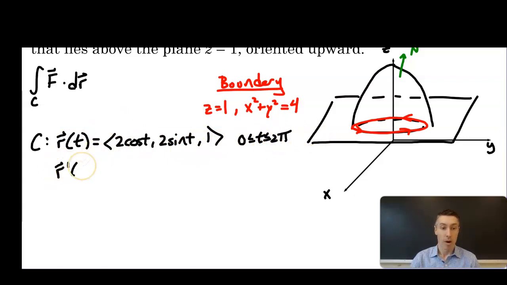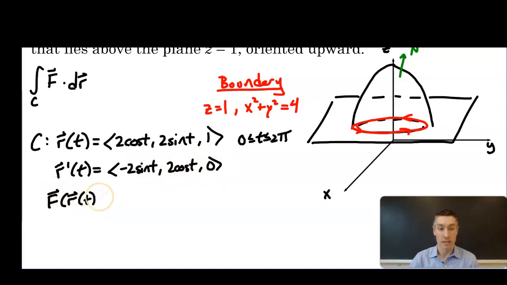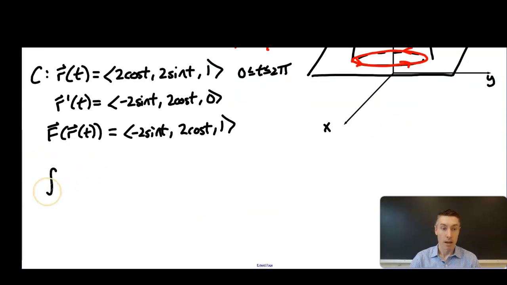Then we find r prime of t, which is negative 2 sine t, 2 cos t, 0. Redefine our vector field in terms of t. So that's going to be negative 2 sine t, 2 cos t, 1. And then we're setting up our integral from 0 to 2 pi, dotting r prime with the vector field f.